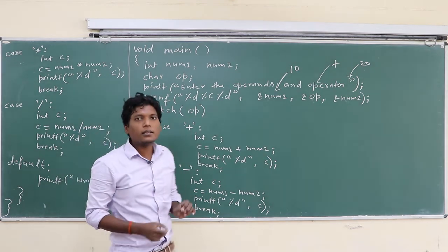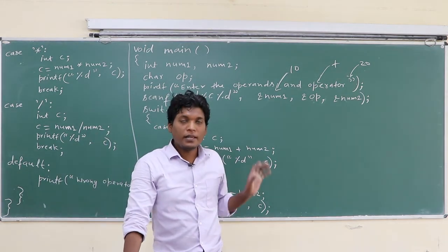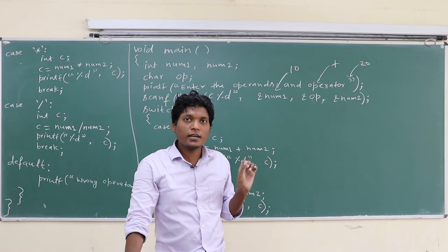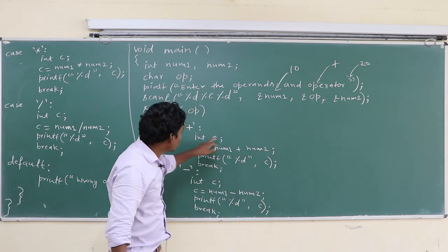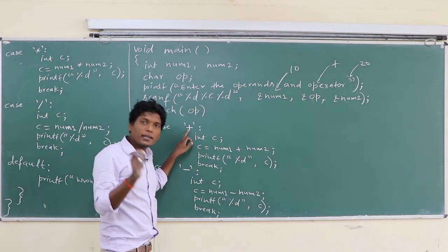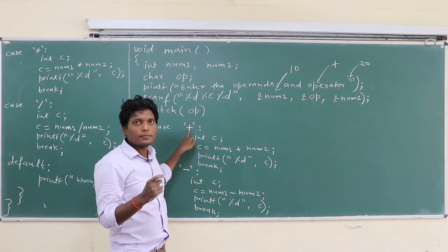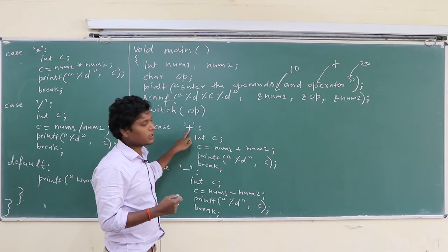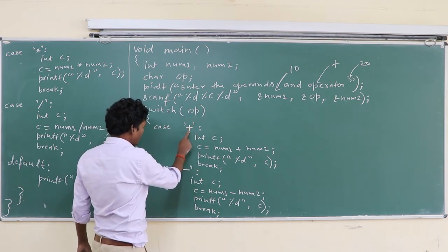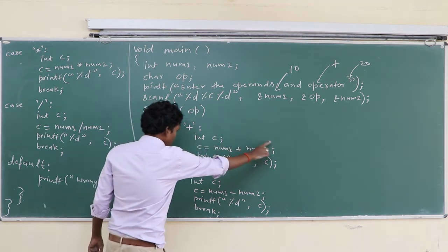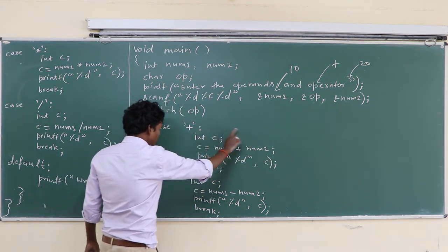Class, we can take the case constant as either an integer constant or a character constant. So this is a character constant, and we can take a character constant as a case constant. This is valid. Here plus matches, so this set of code will execute.